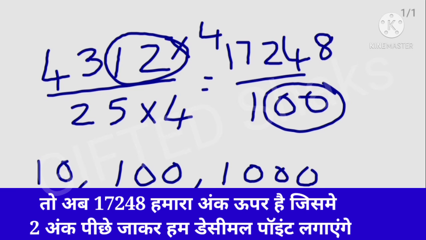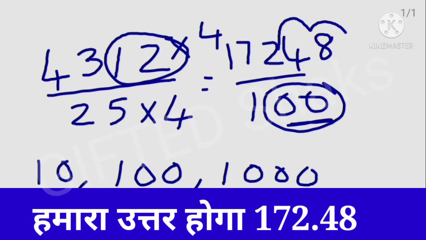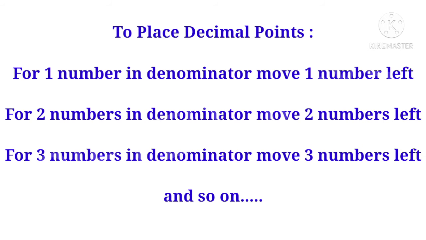So 172, 48. Since I have two zeros, I have to put 2 decimals. So my decimal goes here. Now my number is 172.48. I hope the logic is clear why I'm multiplying it by 4 and putting 2 decimals here.